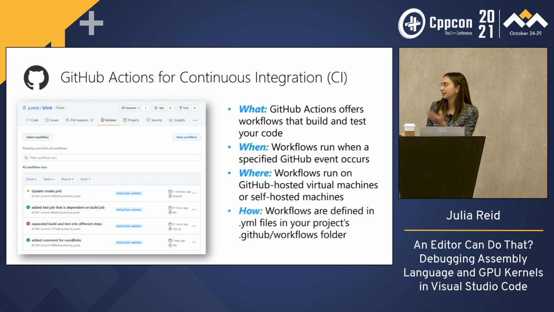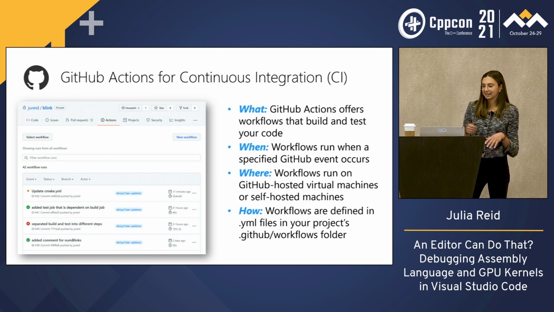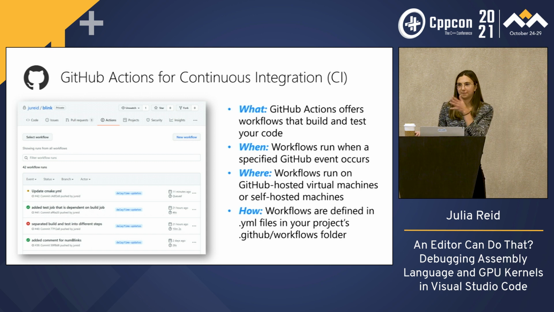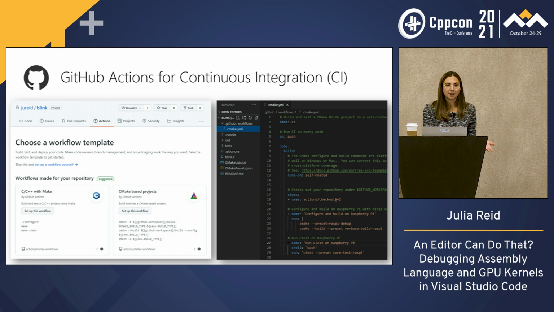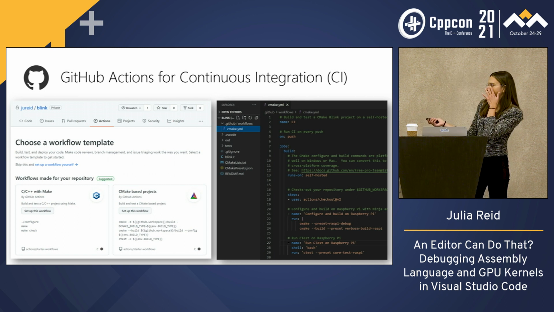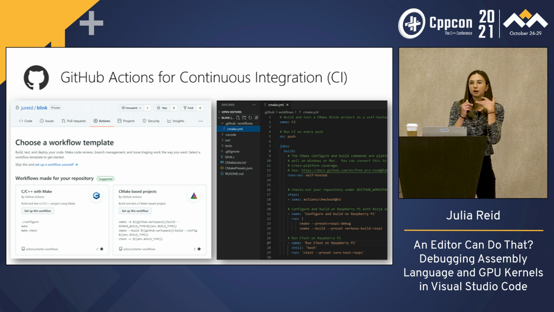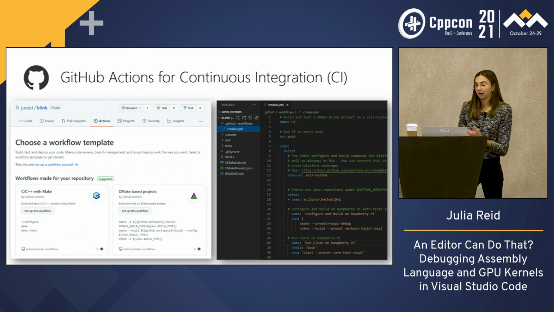And how do you do this? So workflows are defined in YAML files in your project's .github/workflows folder. And it's really easy to create these YAML files because GitHub Actions will provide templates for you based on what it knows about your project. So for example, when I went to create a new workflow for my Blink C++ project, GitHub Actions presented me with templates that were specifically for building and testing C++ projects.